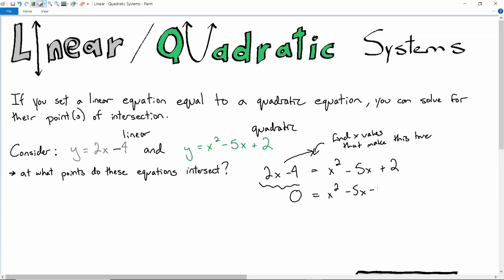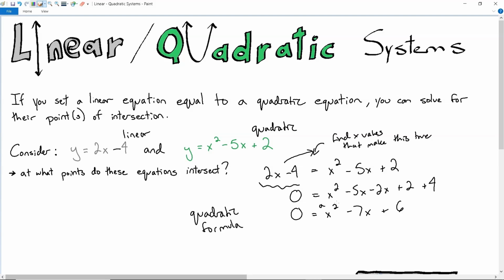And that'll look like this. And our new quadratic to solve is x squared minus 7x plus 6. Now, at this step, we could use our trusty quadratic formula, right?